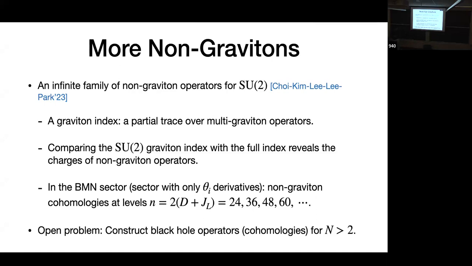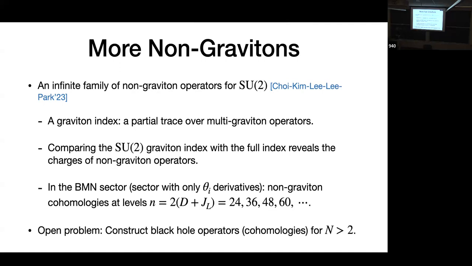Yes, so Ying and I actually had some results for SU(3), and Kim et al. also have some published results for SU(3). Both of us found that at level 24, there are some non-graviton cohomologies. But numerically, it's very hard to get to level 24 for SU(3). That's quite a hard computation.